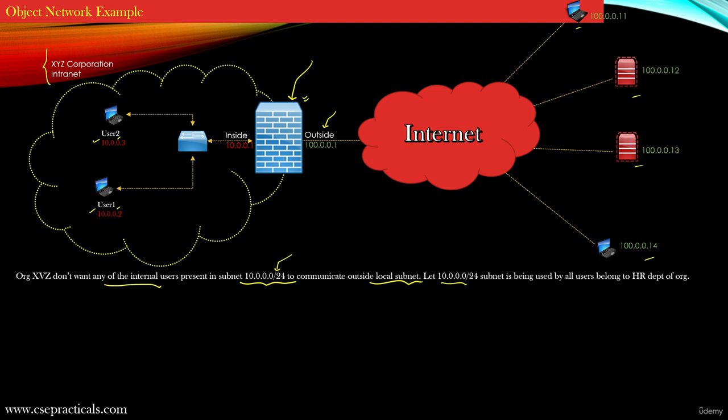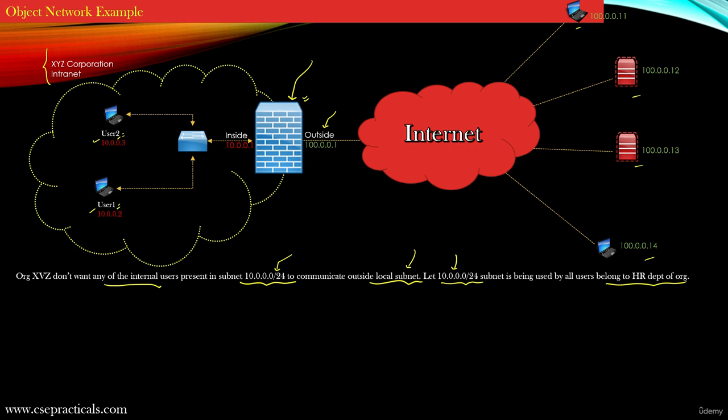So let us say 10.0.0.0/24 is a subnet being used by all the users who belong to the HR department of the organization. User 1 and user 2 are part of the HR department, and the subnet 10.0.0.0/24 is dedicated to the HR department. It is a requirement of XYZ Corporation that it doesn't want any of its HR department users to communicate with any users outside their local subnet.